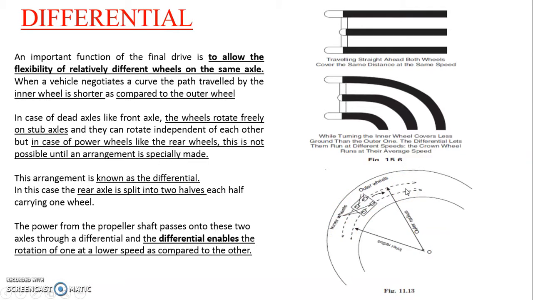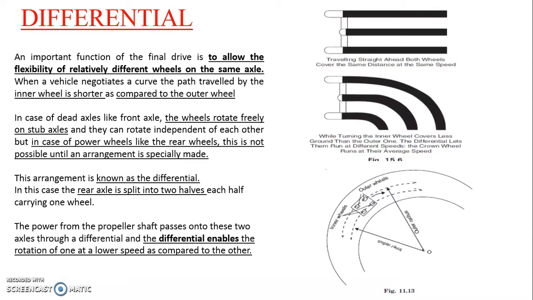In the differential, you have to make an arrangement in such a way that while taking a curved path, the inner wheel takes a shorter path as compared to the outer wheel, and that should be fulfilled by the differential. And the power of the propeller shaft passes on to these two axles.